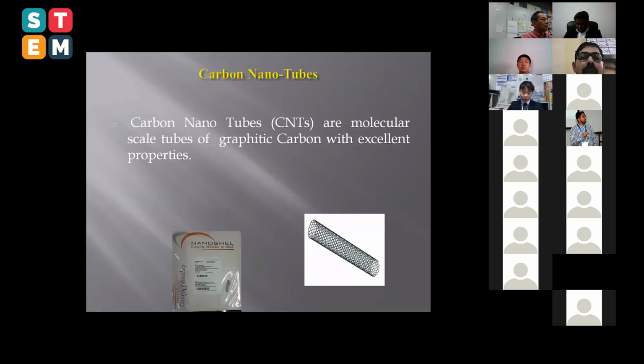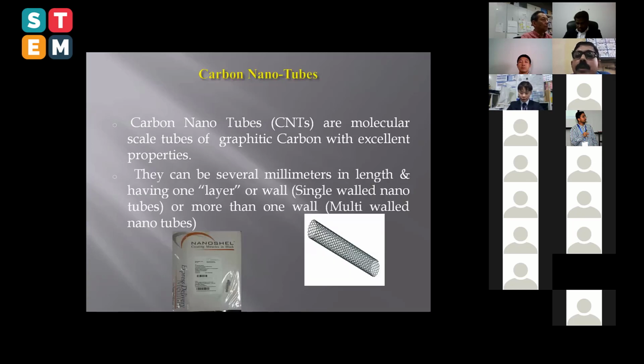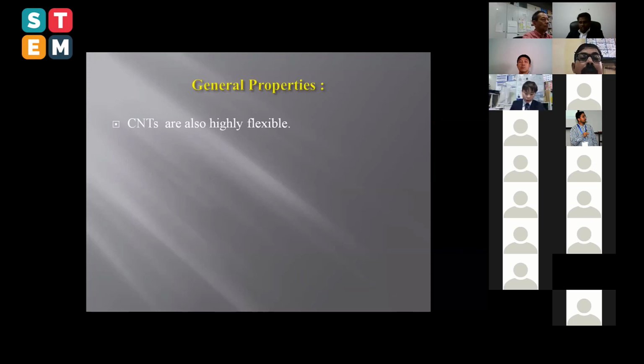Regarding carbon nanotubes, they are molecular scale tubes basically made from graphite carbon, with very excellent properties. They can increase the flexure and toughness of concrete. They can be several millimeters in length, single-walled or multi-walled nanotubes.